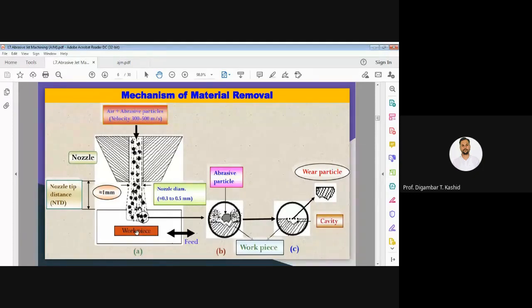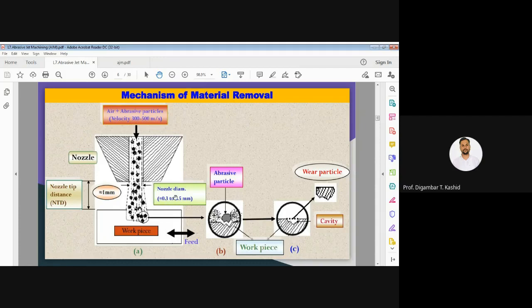Now as you can see here, the nozzle diameter is normally kept between 0.3 to 0.5 mm only. Okay, whatever diagram I'm showing now, I have taken from the Advanced Machining Processes book by V.K. Jain, because normally everybody takes the reference of that book only.